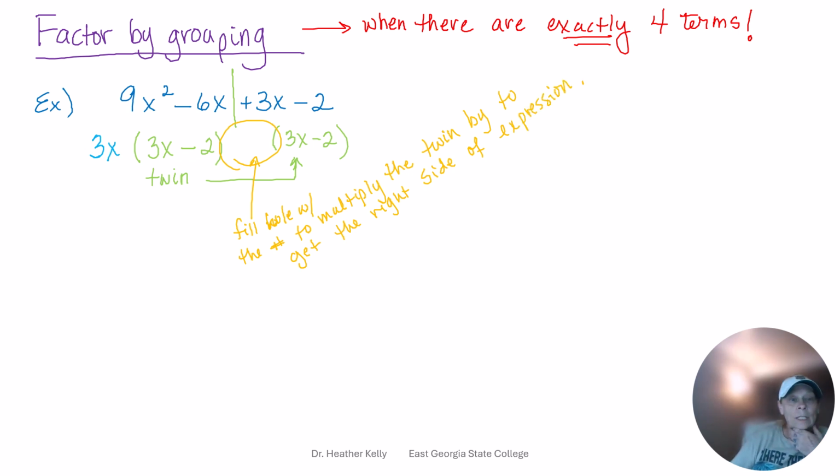Okay, and so if we take a look here, what do we need to multiply 3x by to get 3x? And that is a positive 1. And so our factors now become the twin and the stuff on the outside of the twins.